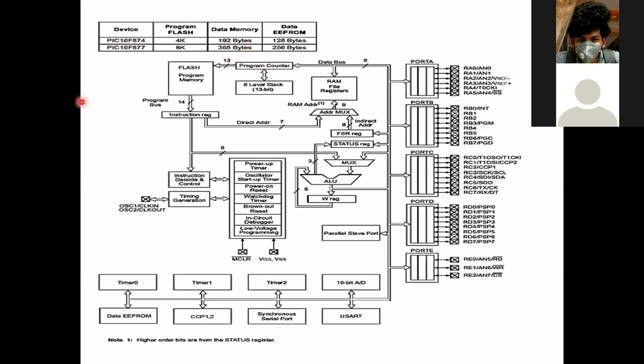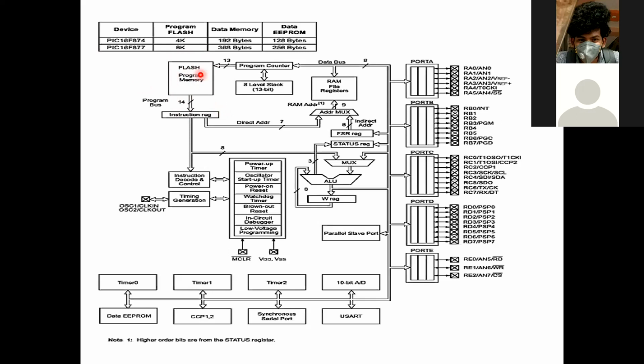In the PIC microcontroller we have on-chip ROM and RAM memory. Stack memory is also there, because we have an 8-level deep stack.